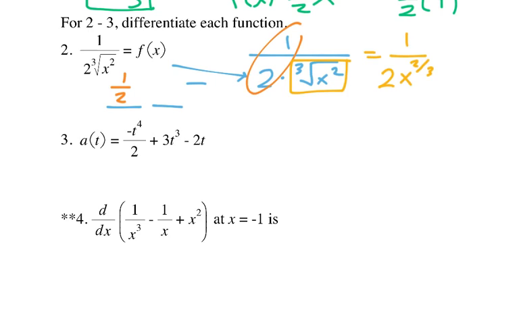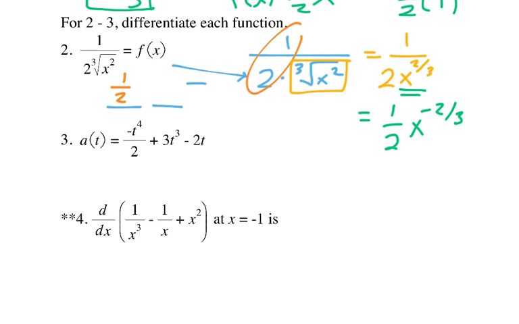And that kind of draws on your understanding of exponents. And then I don't like that this x is on the bottom of the fraction, so I'm going to change that to 1/2 x to the negative 2/3. And remember, we can move a base up to the top of the fraction by making the exponent negative.